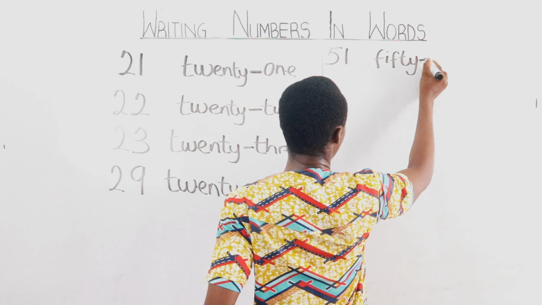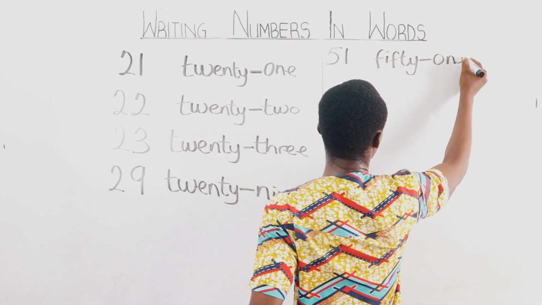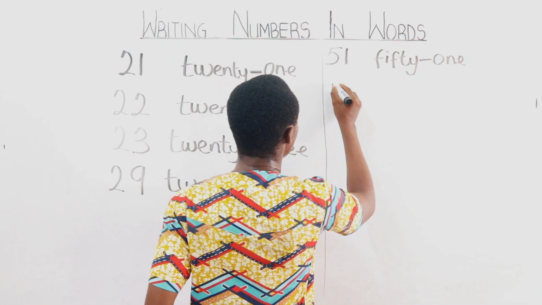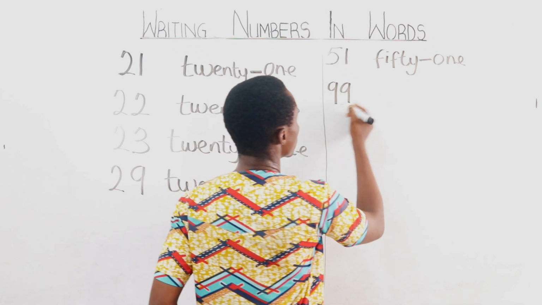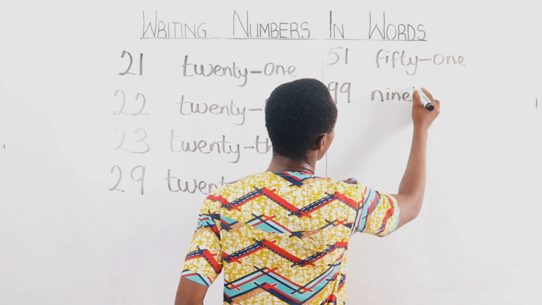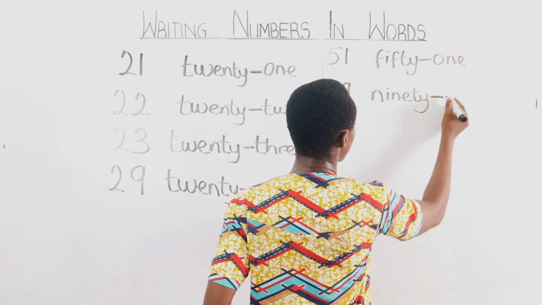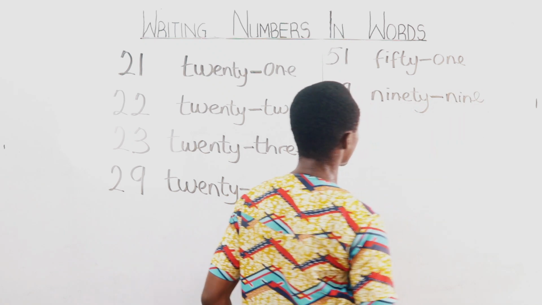We bring our hyphen and then we write 1. If we want to write, for example, 99, we'll write 90, and then we bring our hyphen and then we add our 9.